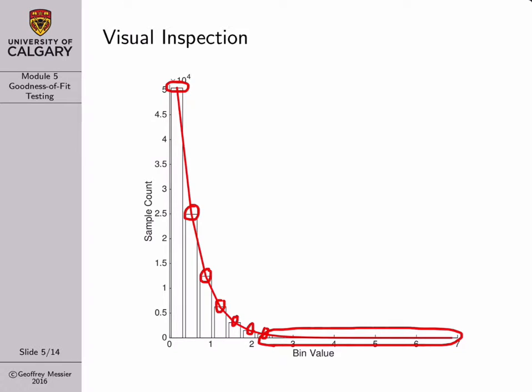There are a couple of different ways to improve visual inspection. One is to use a log plot. The other is to use something called a QQ plot. A QQ plot is a different way of performing a visual comparison of two distributions.